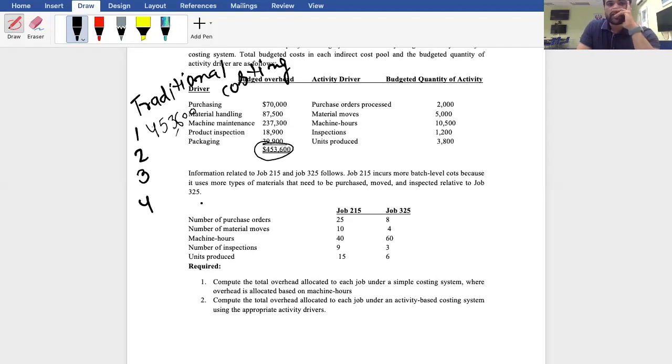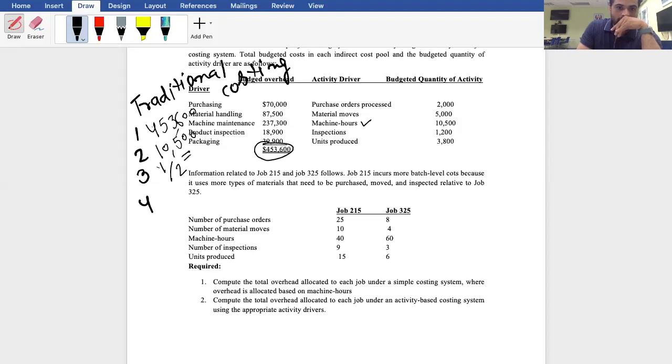So second step for traditional costing is a machine hour or labor hour, whichever is higher. So you can see that these are the drivers, right? In this, we have only machine hours, which are 10,500, all right? And step 3 is about your predetermined overhead rates, which is step 1 divided by step 2.